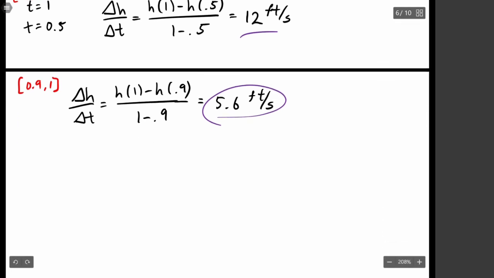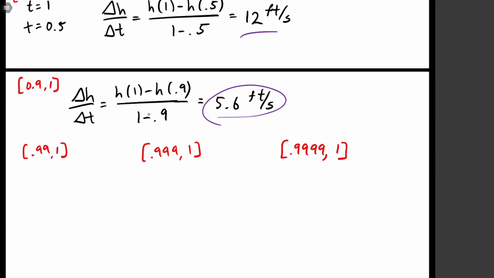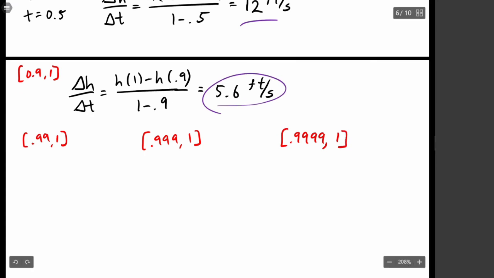Right. So just to give you a couple others, if we look at the interval 0.99 to 1, 0.999 to 1, and 0.9999 to 1. I'm not going to write out the full fraction this time. Right. In these cases, the average speed will be 4.16 feet per second.